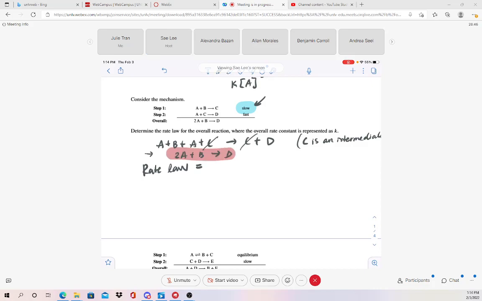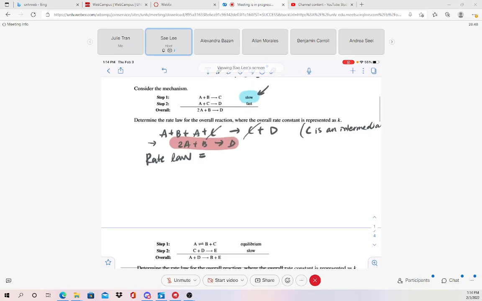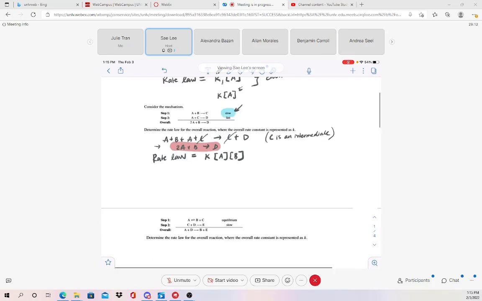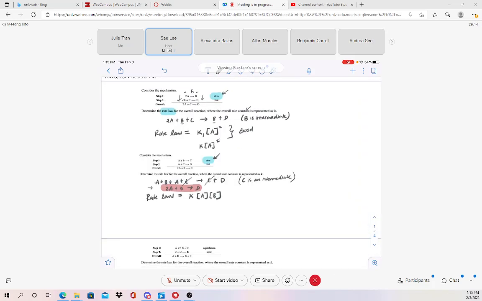This is the overall reaction. And then the rate law is going to be from step 1, or the slow reaction, which is the rate constant multiplied by the concentration of A, concentration of B. Okay. Pretty simple. So when the initial step is the slow step, everything is pretty simple, as you can see here.